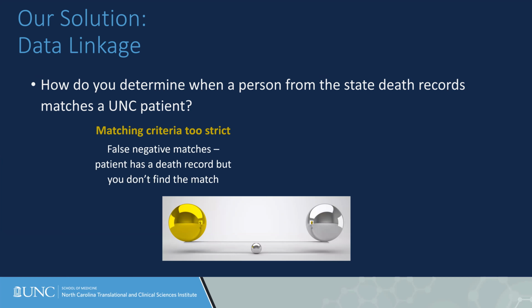On the one side, if we set our matching criteria too strict, in how we try to match up all the identifiers we have from the two data sources, we're going to get too many false negative matches. That's the case where we have a patient who has a death record, but we didn't find that match because we weren't allowing Larry to be Lawrence in the other data set, for example.